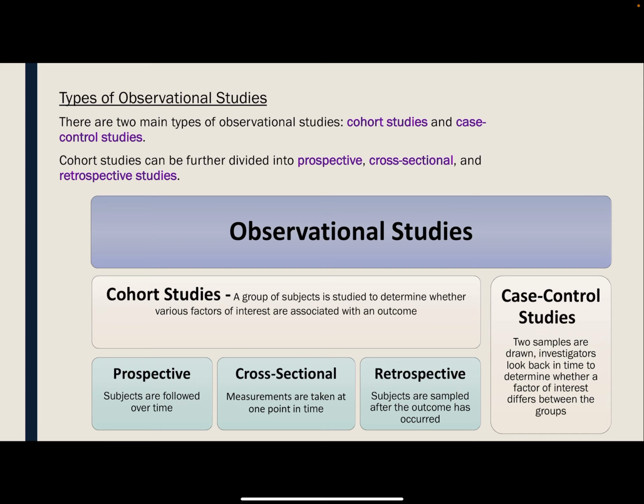A retrospective study is when all the data already exists, but you're collecting a sample of subjects and then you're going back and collecting that data.